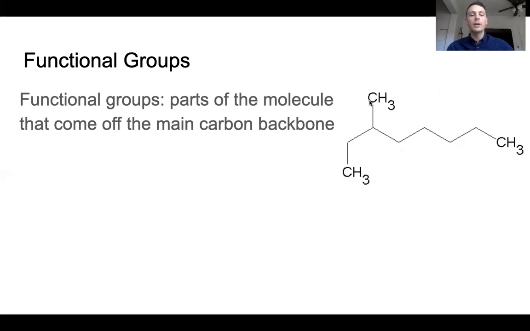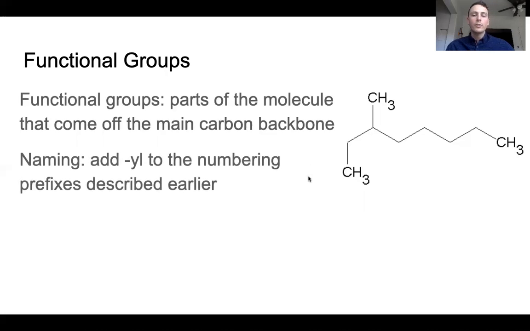This would be our functional group for this molecule. When it comes to naming functional groups, we just add the YL suffix to the numbering prefixes that we talked about earlier. Meth means one, but a functional group that only has one carbon would be a methyl functional group. So this would be a methyl group here.